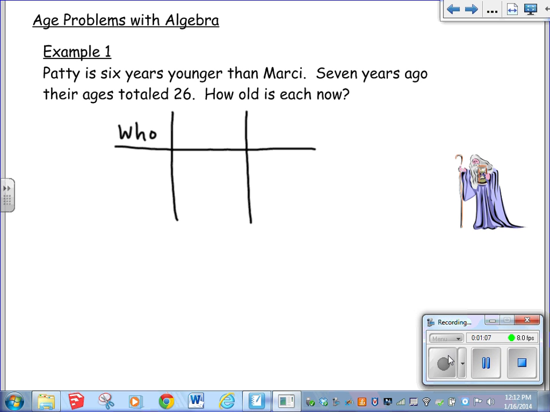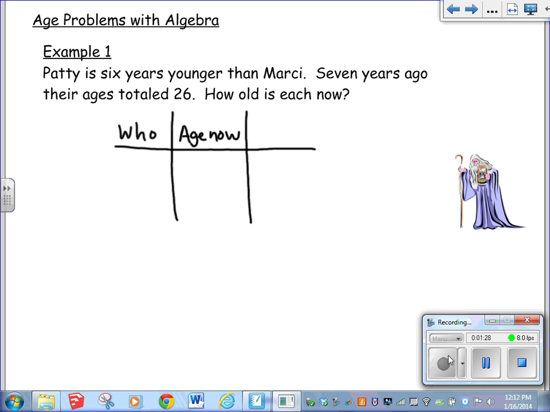Sometimes they're critters when I get creative, but basically who. Then there's always information about those individuals' age now. And then there's usually information about their ages at a different point in time.